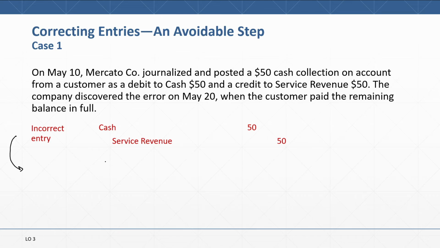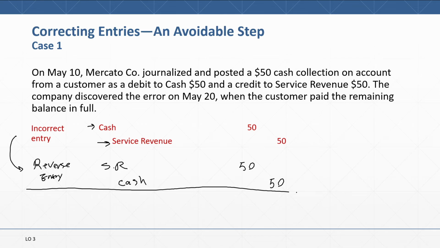So here I'm going to reverse it, reverse entry, and I take whatever was credited, service revenue, I debit it, and I take whatever was debited, cash, I credit it.